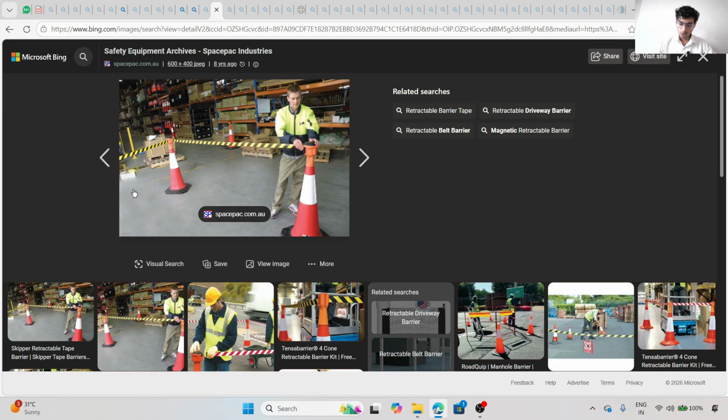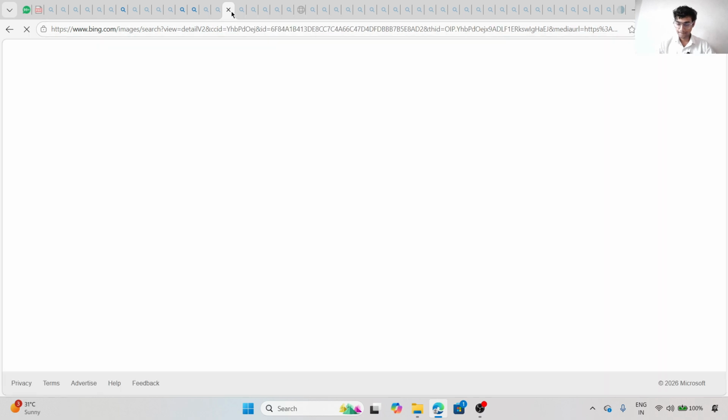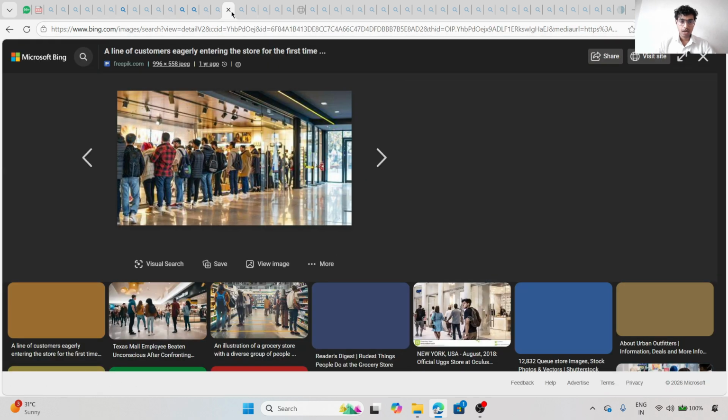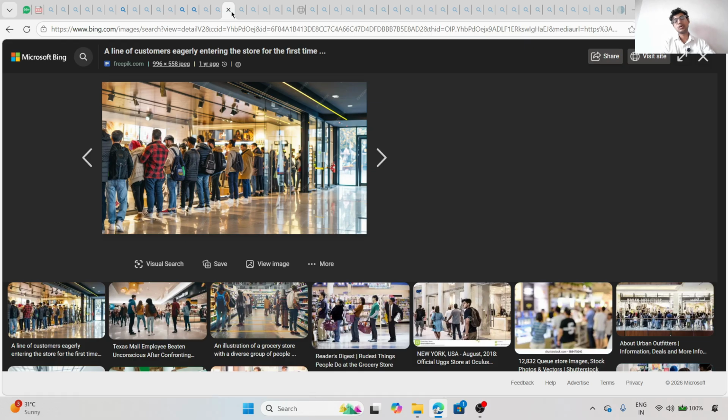Now when the supervisor arrives, it was seen that worker A was completely bleeding from his forehead. The customers who were in the store all rushed and gathered at this particular scene.